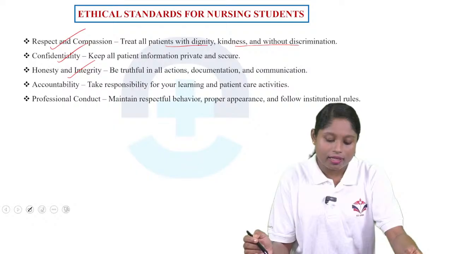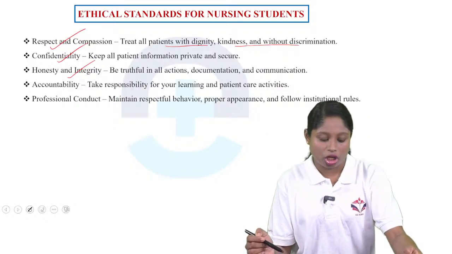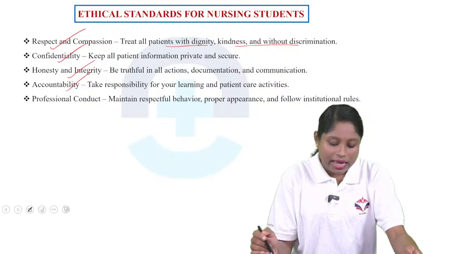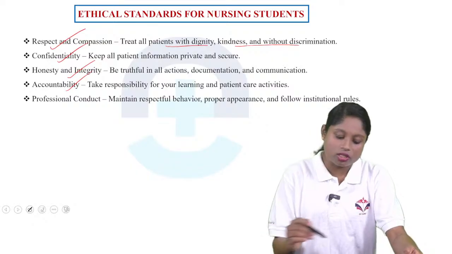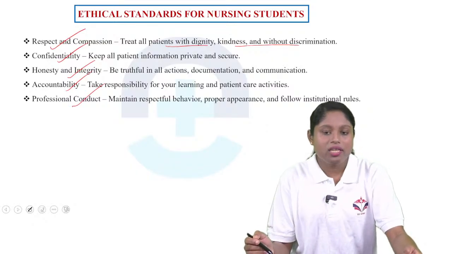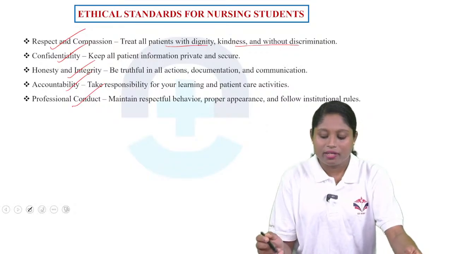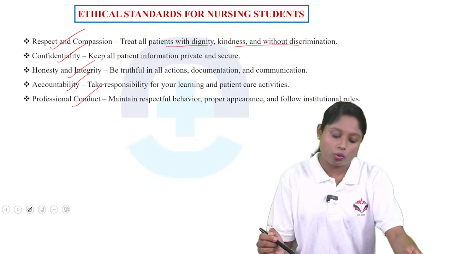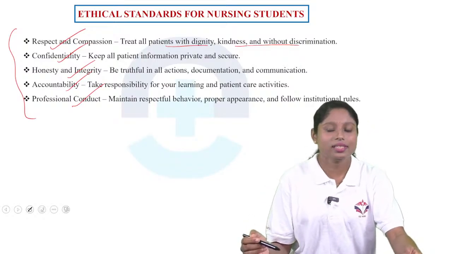Honesty and integrity: be truthful in your actions, documentation and communication. Accountability: take responsibility for your learning and patient care activities. Professional conduct: maintain respectful behavior, proper appearance and follow institutional rules. So these are the ethical standards you need to follow as a nursing student.